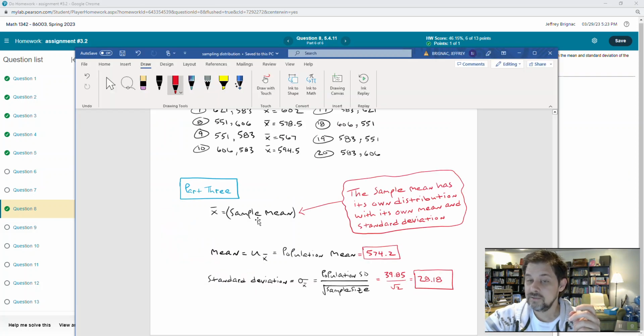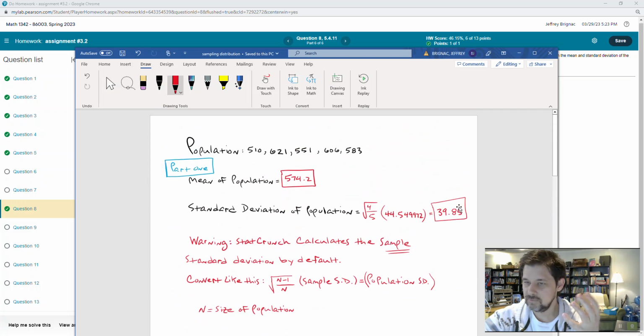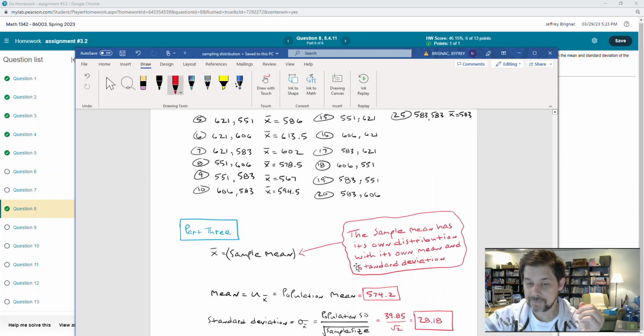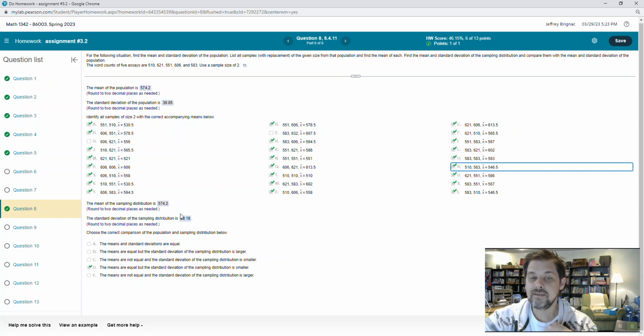The standard deviation of the sample means distribution is the population standard deviation, which we calculated up here with a little help from StatCrunch to be 39.85, over the root of the sample size. So we take 39.85, and we were taking samples of size 2, so we say 39.85 over root 2, and get 28.18.